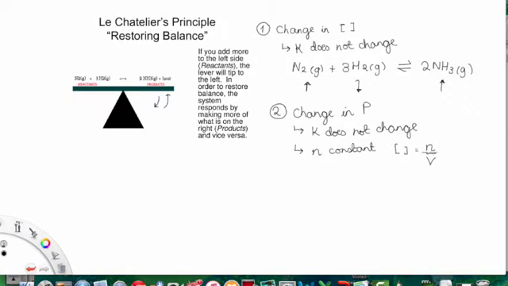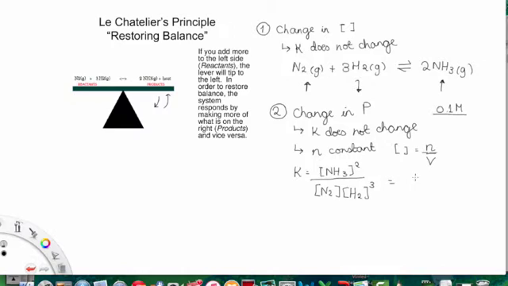Let's look at this scenario again. Let's say K is equal to the product NH3 squared, since there's a coefficient of 2, over N2 and H2 cubed. Let's say that the initial concentrations at equilibrium were 0.1 molar for everything.